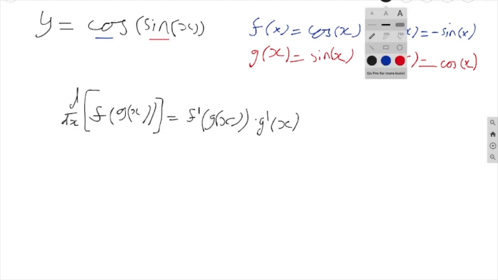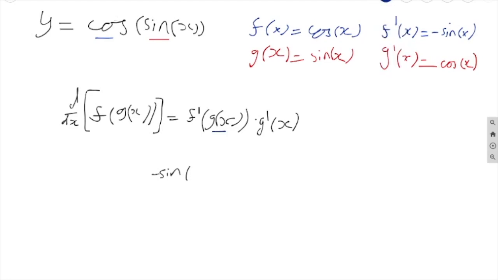Once again, we consider our f prime of x, which in this case is minus sine of x, or at least minus sine, but inside that we're putting g of x.